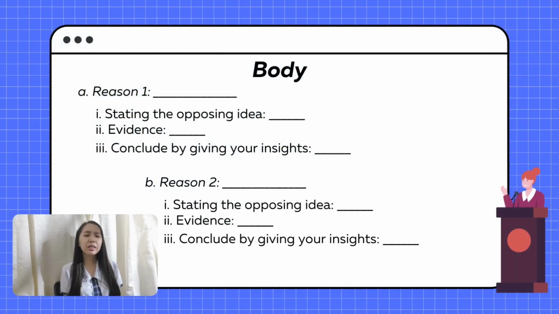Next is the body. It should consist of your 3 reasons, and each of your reasons must have the opposing idea, the evidence, and a conclusion which is based on your insights.